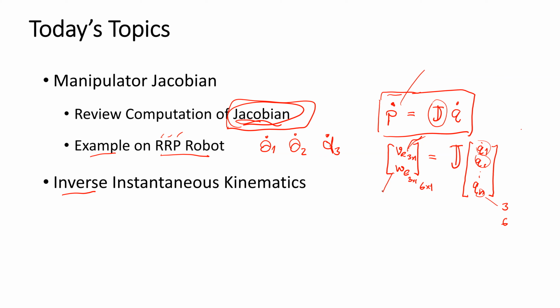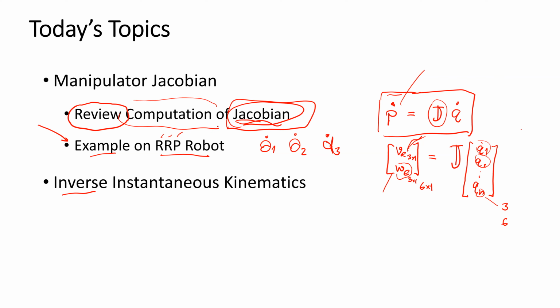And we have the omega, which is the angular velocity, 3 components also. So this will be the same content as the previous week. We just review, and we will have an example that describes the method to compose the Jacobian matrix.